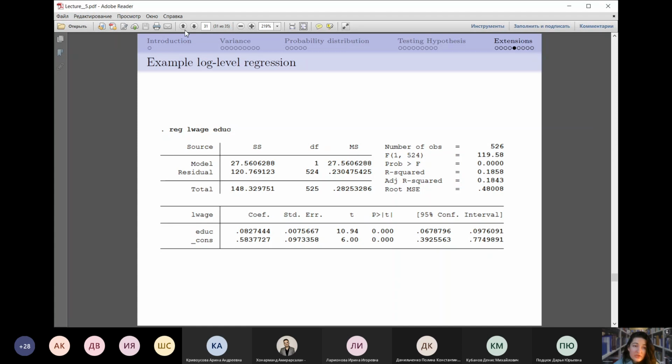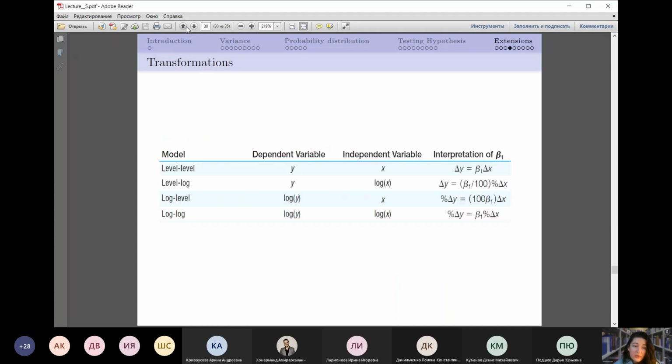Let's choose which type of model we have here among these 4. Which one? Maybe log level.